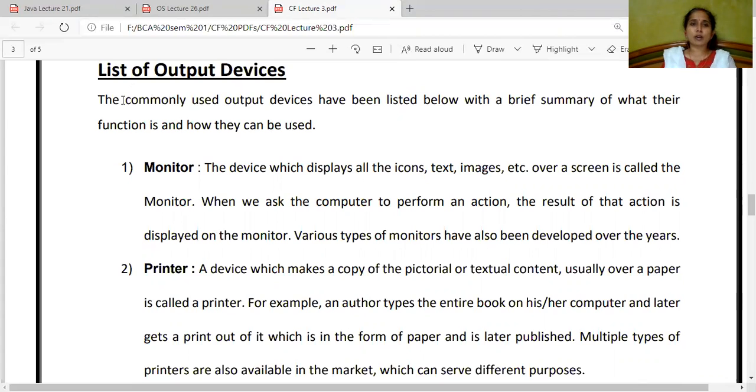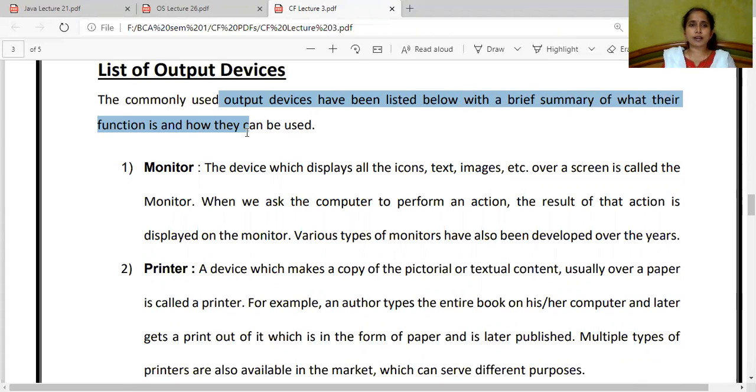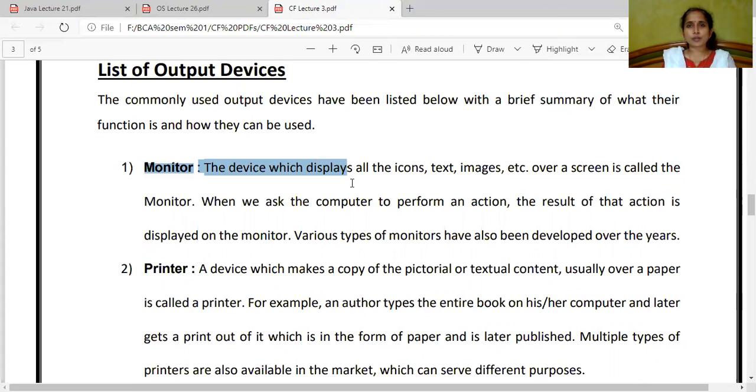To start with, the commonly used output devices have been listed below with a brief summary of their functions and how they can be used. The first category, and the most common type of output device, is the monitor. The screen on which you see your output while using the computer is known as the monitor, commonly known as VDU, Visual Display Unit.